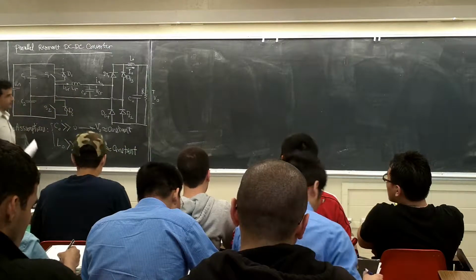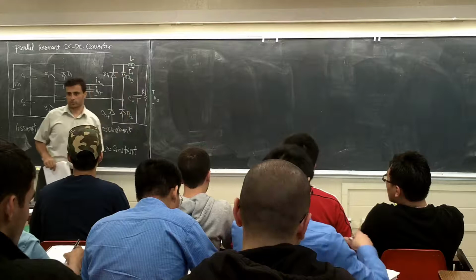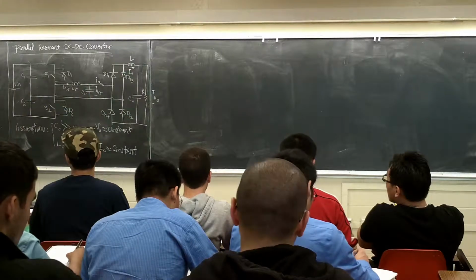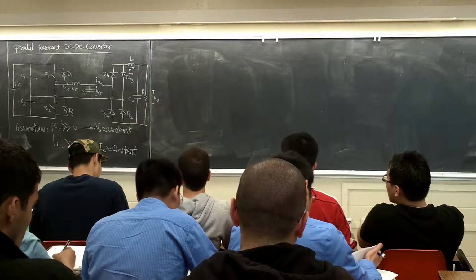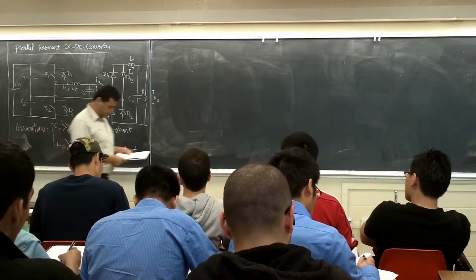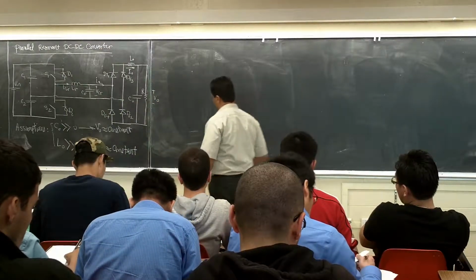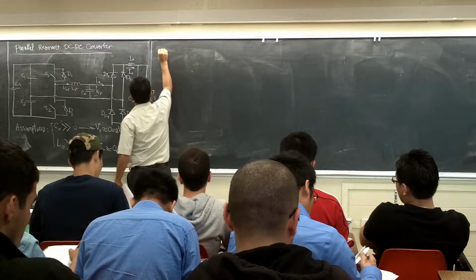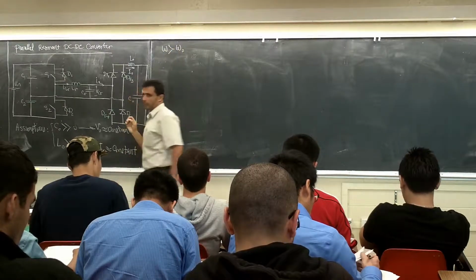This one is going to filter the current, and this one is going to filter the voltage, right? So let's have these two assumptions. Now we're going to think about how this circuit is going to work. Whatever I'm going to say here is for omega more than omega 0. What was the omega 0?